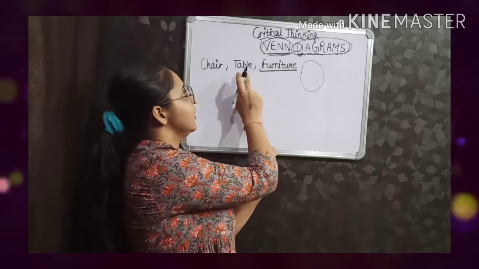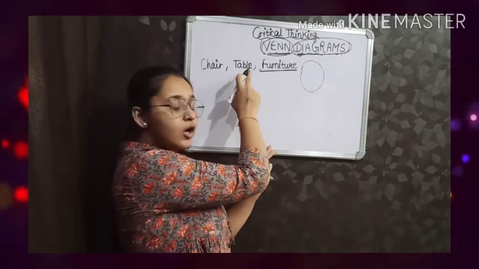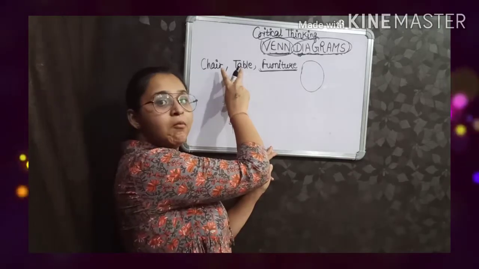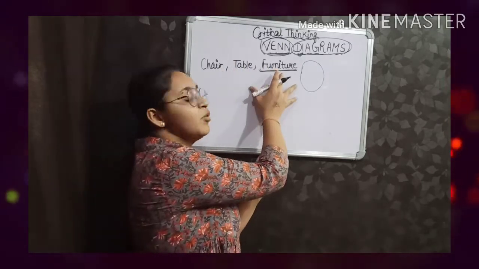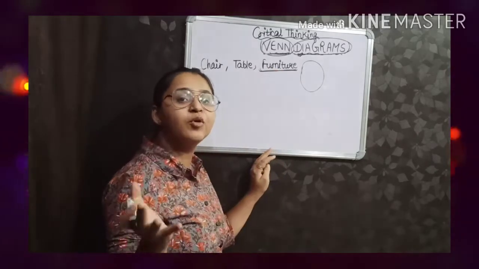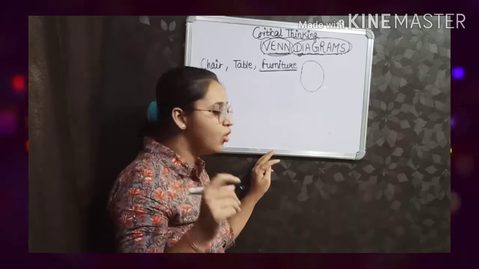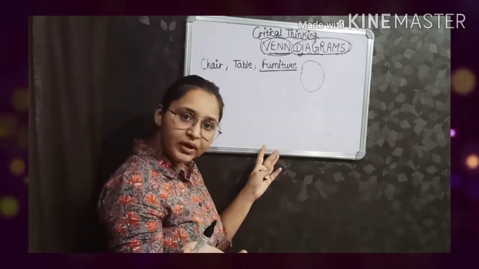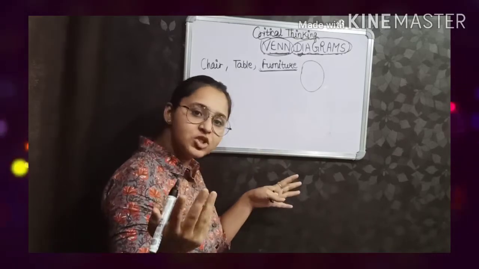From furniture we can make a table, we can make a chair, or chair and table both come in furniture. These types of relations or questions we can solve with the help of Venn diagrams. Now there are different types of operations in Venn diagrams when we solve them.